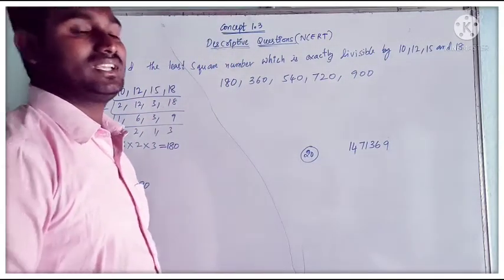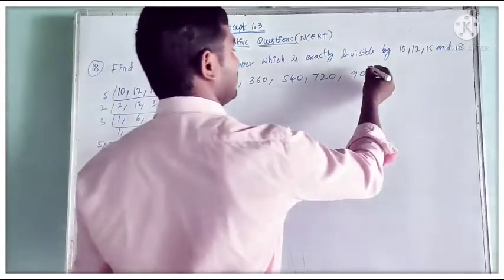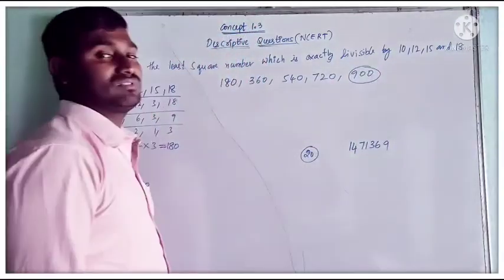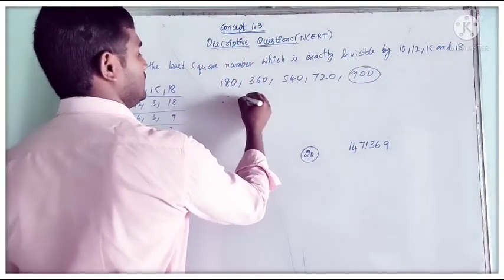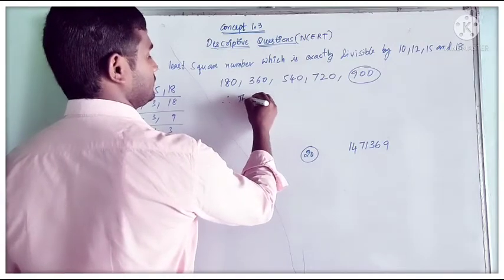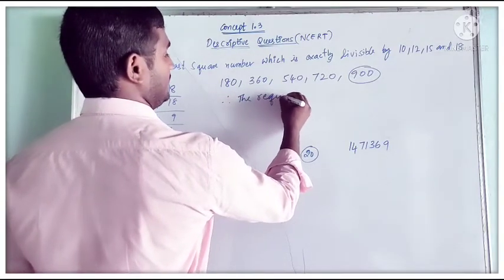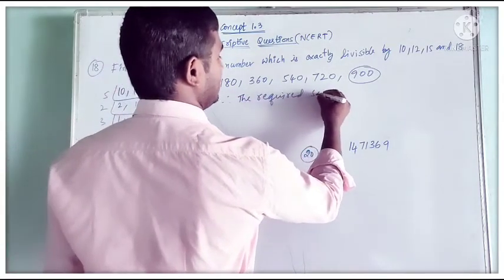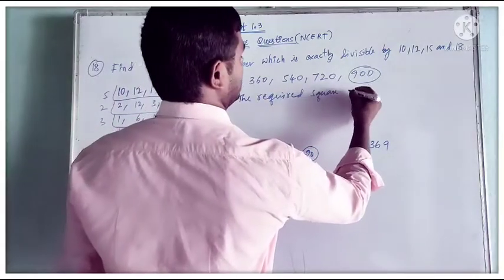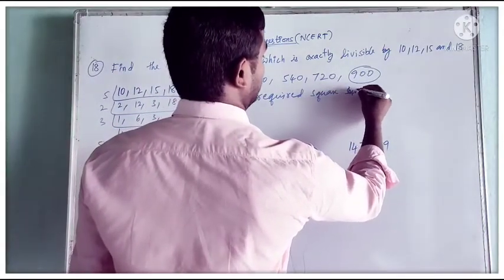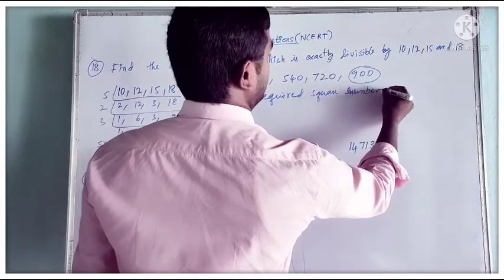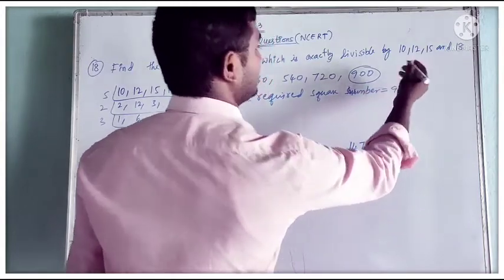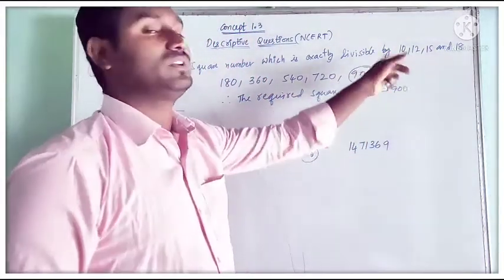Yes, 30 into 30, 900. What is the required perfect square number? 900. Therefore the required square number is equal to 900. So this 900 will be divisible by all these 4 numbers.